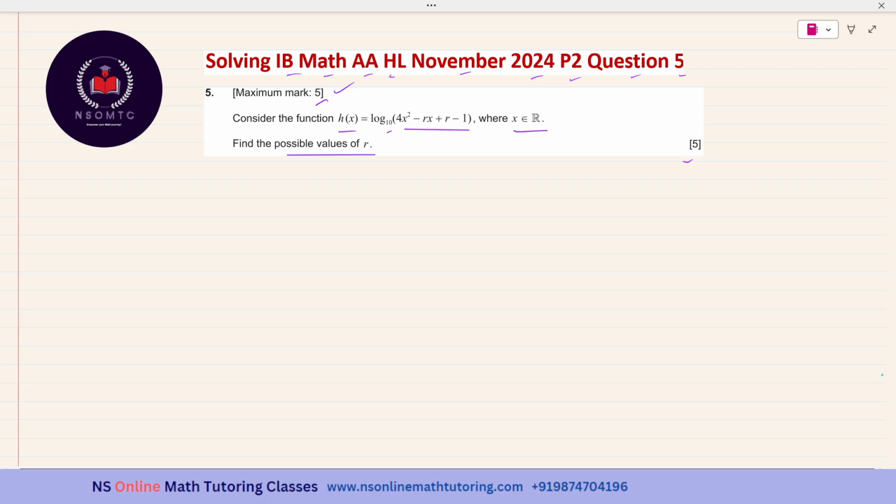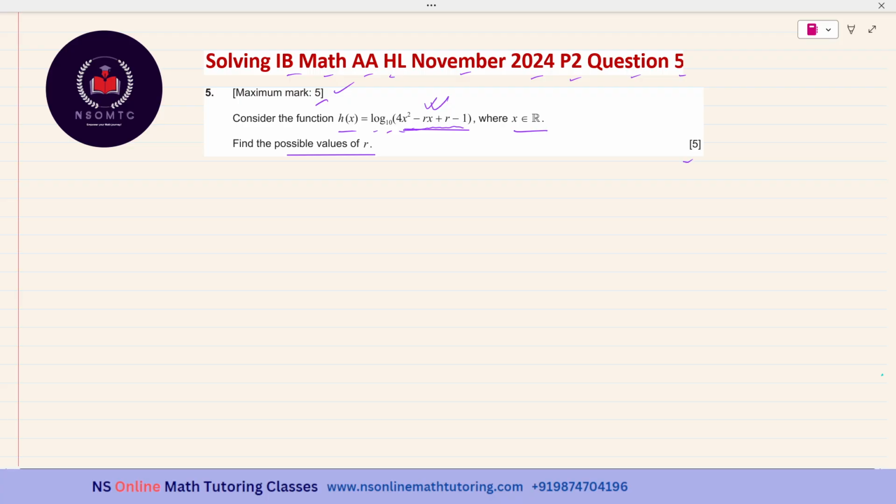Because this expression is the argument for this log function, we should know that this expression's value, for whatever may be the value of x or r, should be more than 0. It should be a positive number.